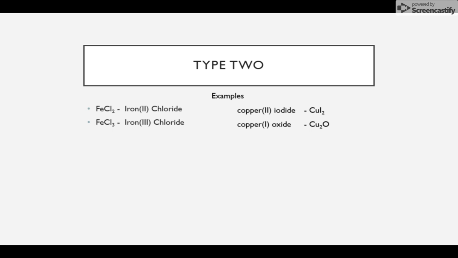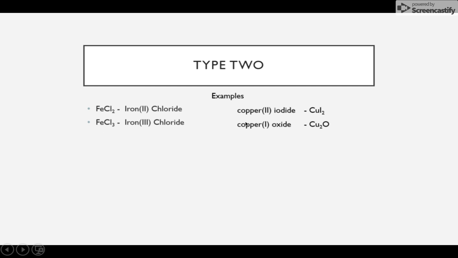Now here are the type 2 ionic compounds. So you have iron(II) chloride. This 2 goes with the iron. It still has the IDE ending, it just has a different charge. So in this example, you have iron(III) chloride. This 3 goes with Fe.